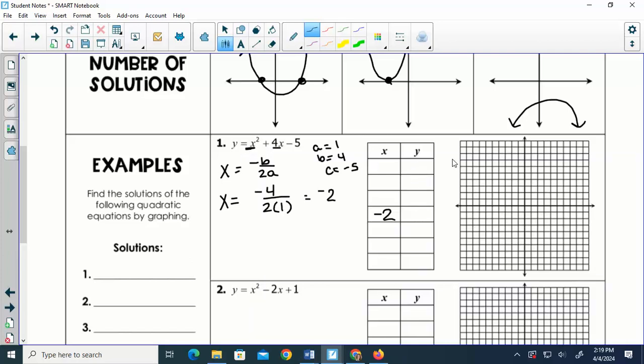Can we get the y value from that table? Yes. So go ahead and pull up the table for this. All right. So negative 2 has a y of negative 9. And we'll go ahead and fill in these boxes.